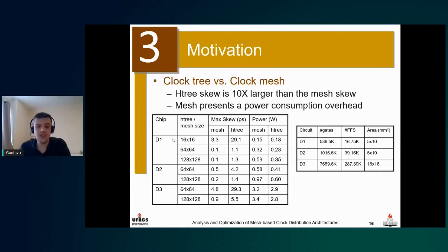So what we can see here roughly is that the clock mesh can provide much smaller skew, but it comes with the price of a higher power consumption. The larger power consumption comes not only from the extra wire length that the clock mesh requires, but also because the clock mesh creates short circuit currents that also increase the power consumption.